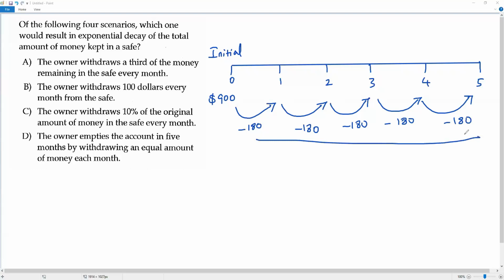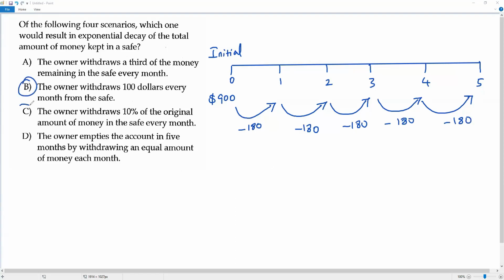So 5 times 180 equals $900. He withdraws $180 at the end of each month and empties the account in 5 months. So clearly, again, there is a constant difference. This one also shows linear decay.